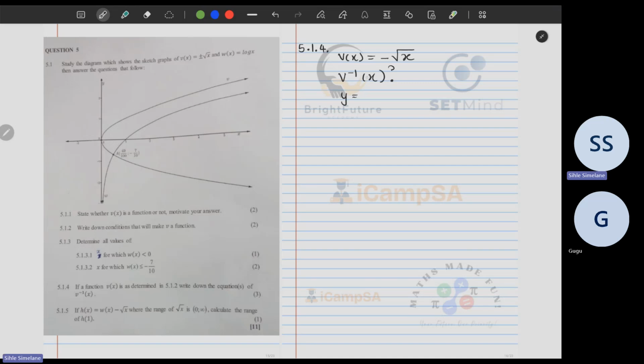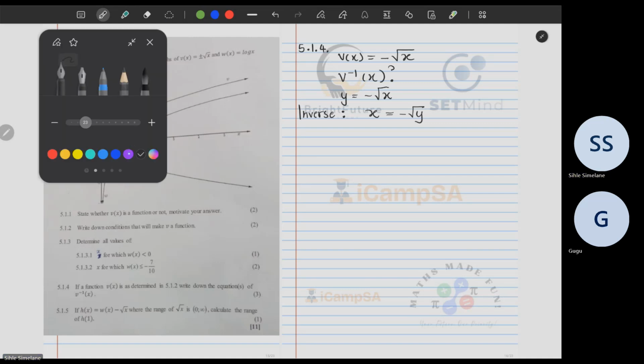So y equals negative square root of x. Now we need to go and do our inverse here. What we do is we swap x and y. So we have x equals negative the square root of y. What we can do is square both sides.